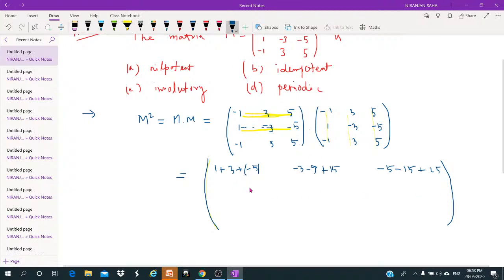So 1 and minus 1, minus 1, minus 3 and 1, minus 3, minus 5 and minus 1 will give us plus 5.